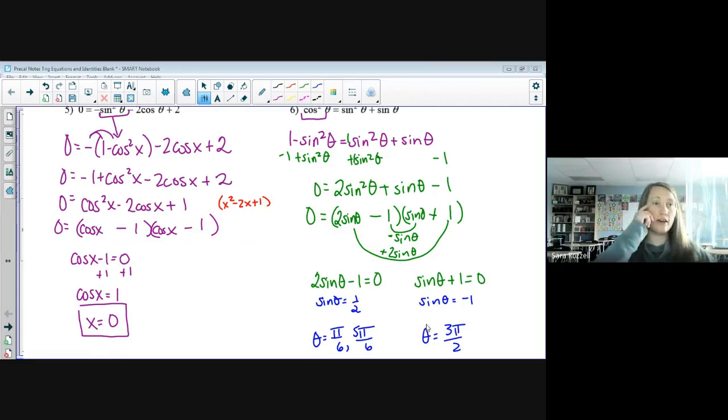Remember, sine is the y value. Any questions on that last one?